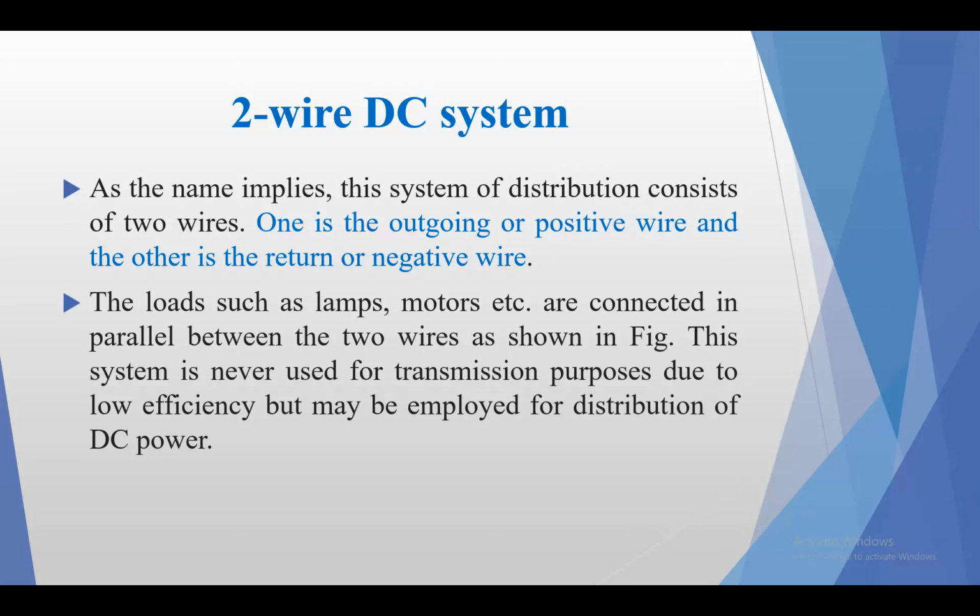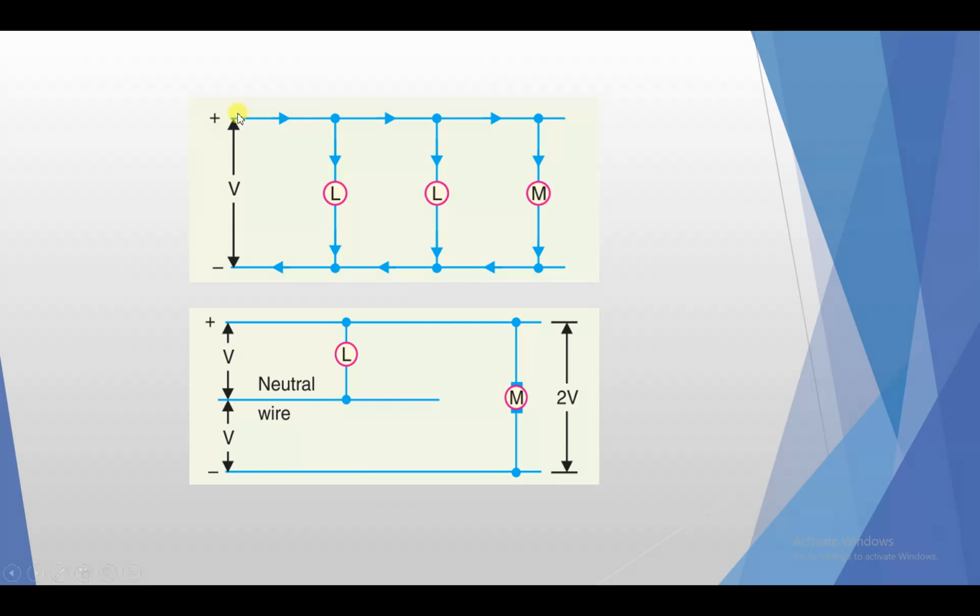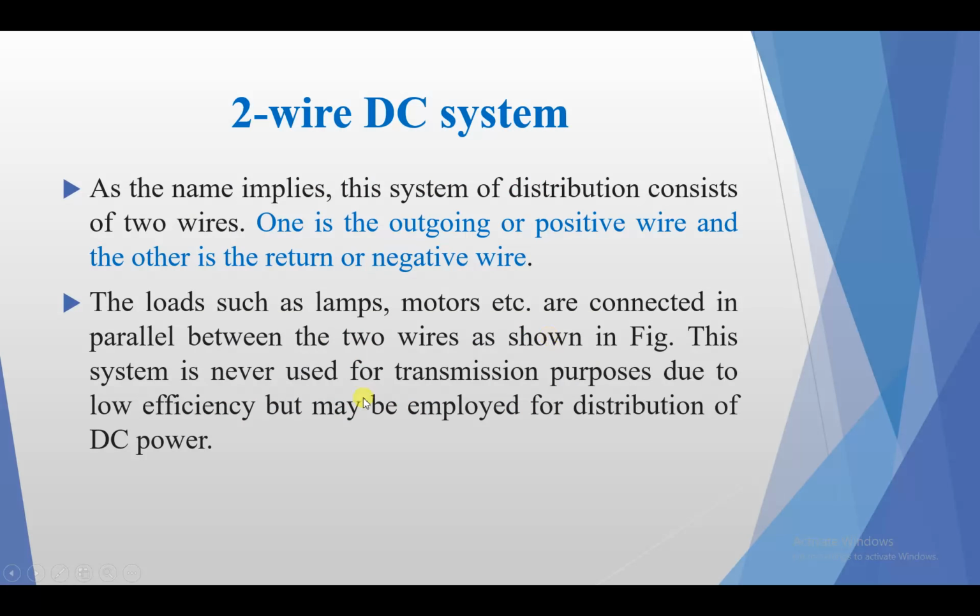The loads such as lamps, motors, etc. are connected in parallel between the two wires as shown in the figure. The voltage across them is V, and we connect the loads like lamps or motors across it in parallel. This system is never used for transmission purposes due to its low efficiency, but may be employed for distribution of DC power.